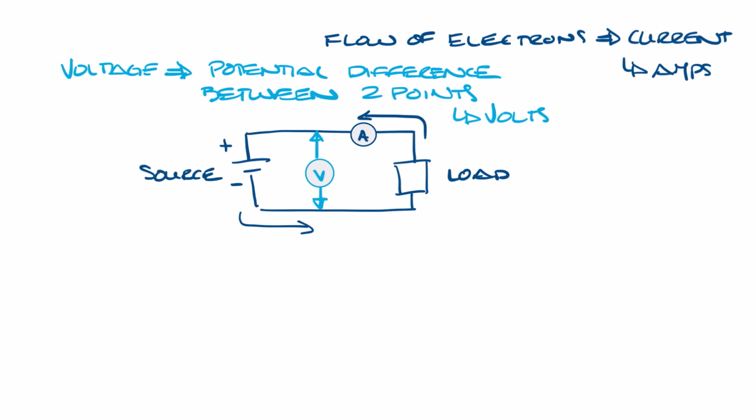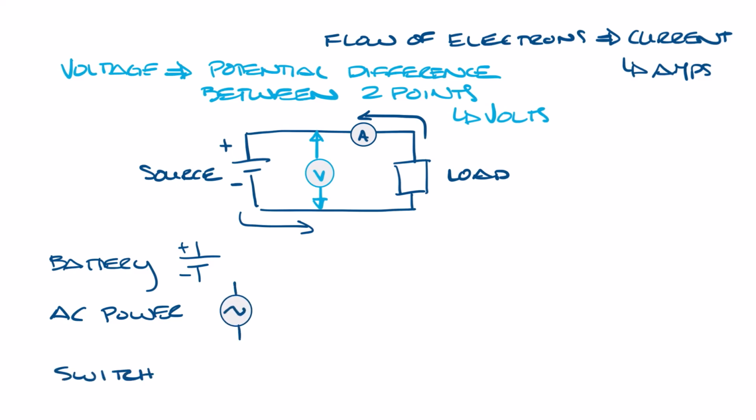We'll probably be showing some basic wiring diagrams in the future, so let's look at some basic components. We already saw the battery, which looked like this. We also have alternating power sources, which would look like this. You usually have a switch of some type to open the circuit and stop the flow of electricity, and that would look like this. Next, we have capacitors, which would look like this in the diagram.